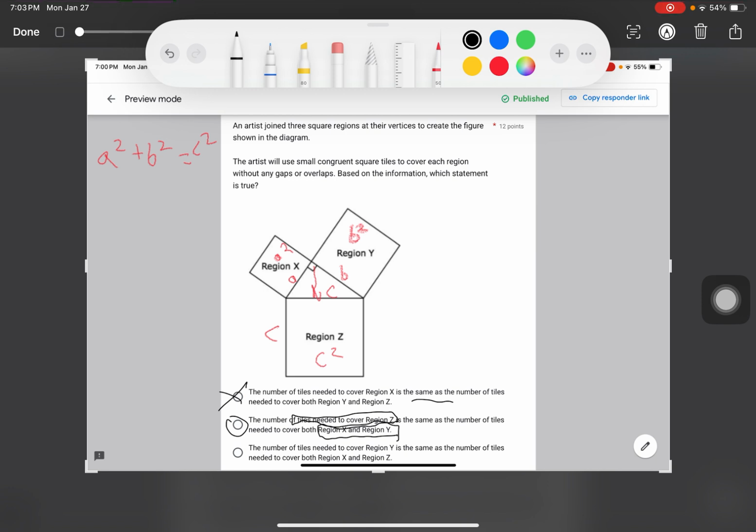It wouldn't make sense for the bigger one and a smaller one to equal one of the smaller ones. You just need to remember the Pythagorean theorem, and that the area of a square is the same as squaring the side.